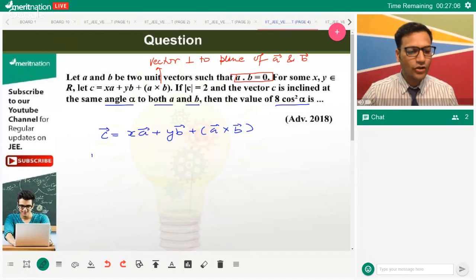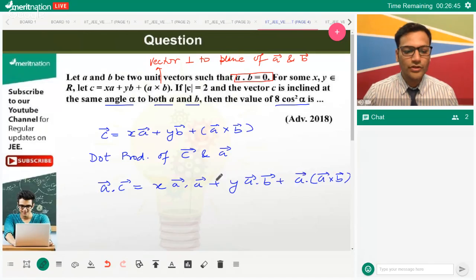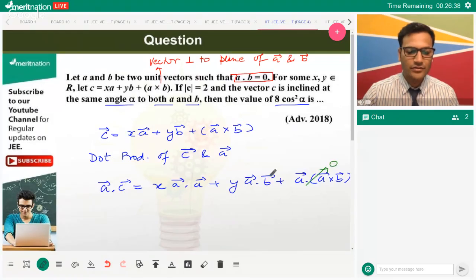So if I take the dot product of C and A, what will I get? A dot C will be equal to x times A dot A plus y times A dot B plus A dot A cross B. I hope all of us know that this bit turns out to be 0, and A dot B is given to us as 0, so this will also turn out to be 0.